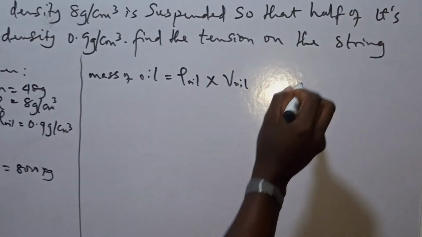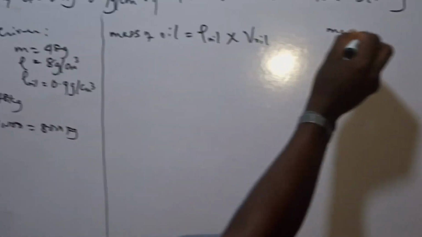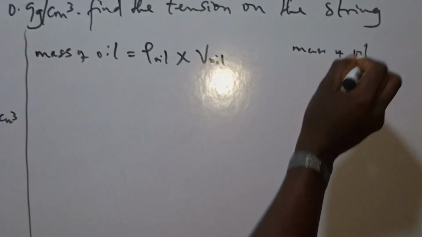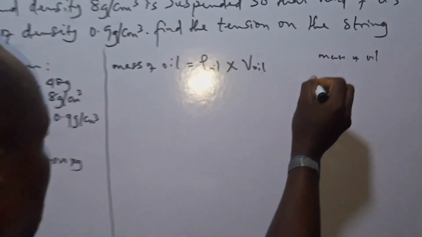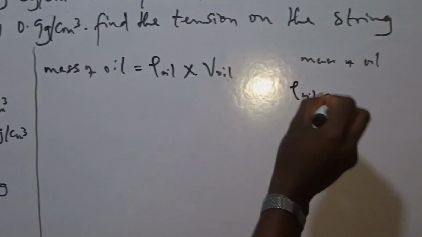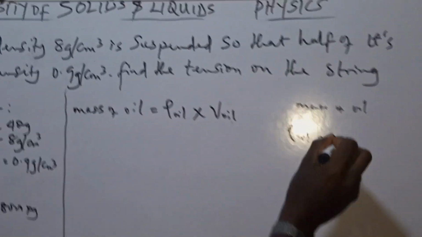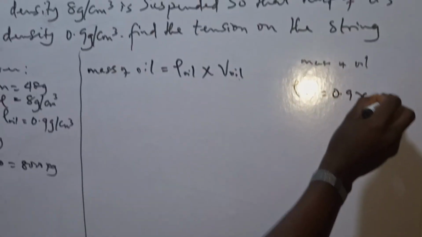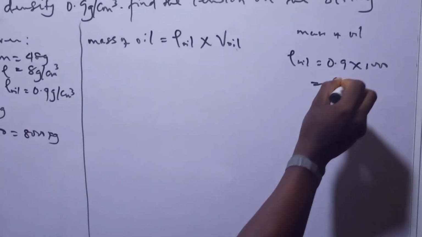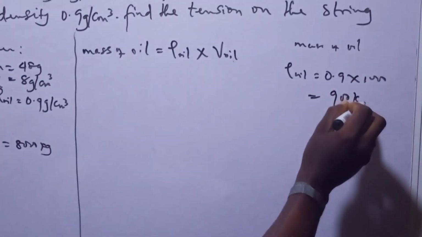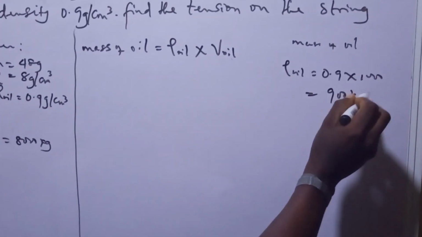The density of oil is given as 0.9 times 1000, so the density of oil is equal to 900 kilogram per meter cube.